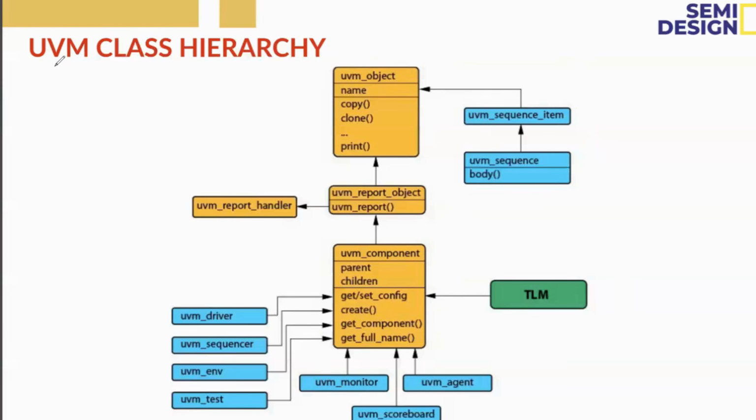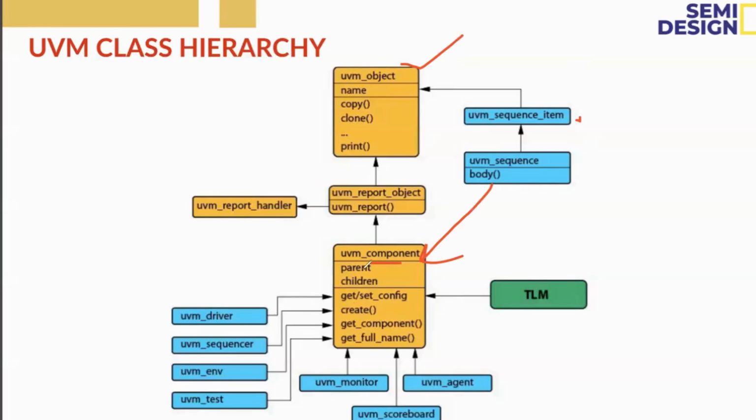I'm not clear with the description you have provided for what is the difference between UVM component and object. Can you explain that once more? What I'm telling is, you asked why we are not connecting with the component, right? For UVM component and UVM sequence item, for both UVM object is the parent.